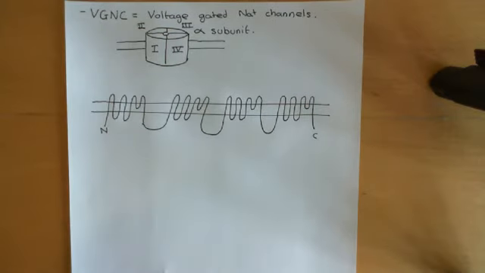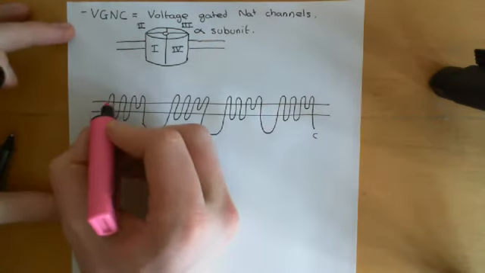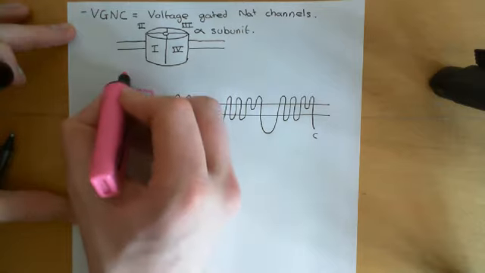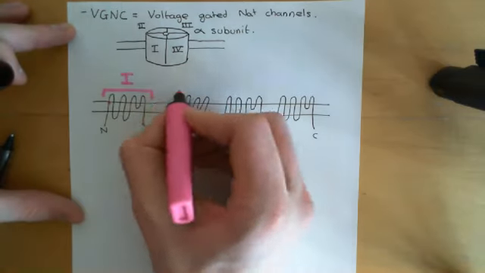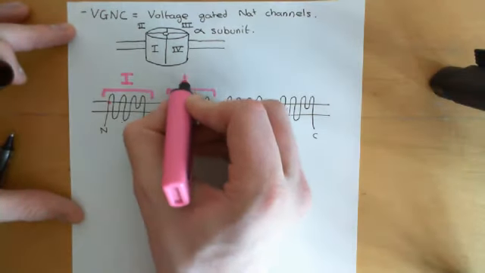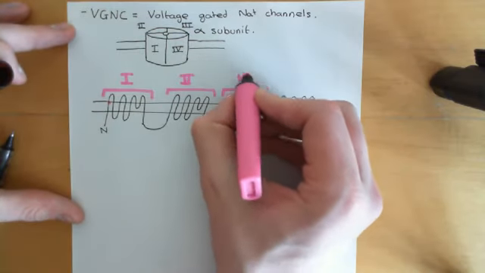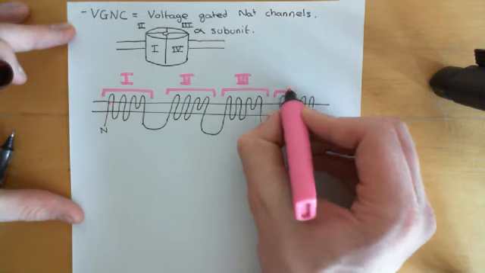Right, so let's highlight the different bits here. This is domain number 1, and then after that you've got domain number 2, domain number 3, and finally domain number 4.